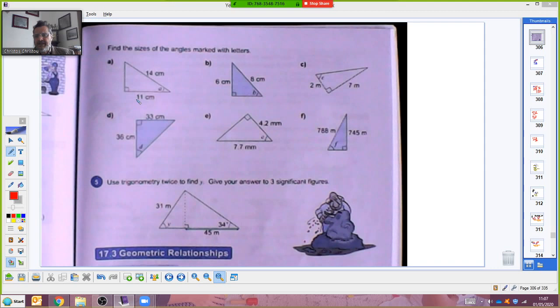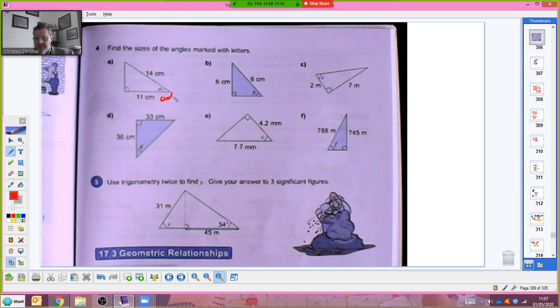So, could somebody name this side for me? There's a choice. Op, Aj, Hype. What are we going for? Aj. Thank you, whoever you are. Hypotenuse.